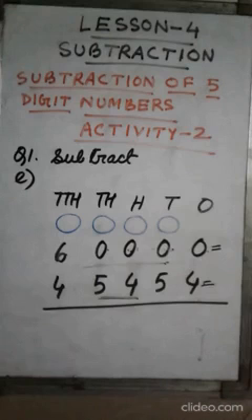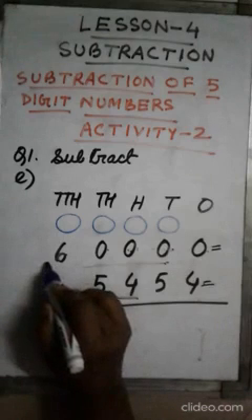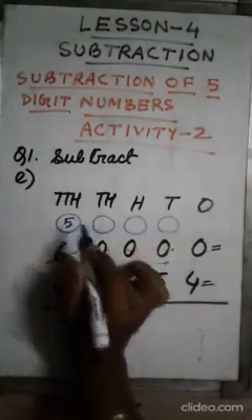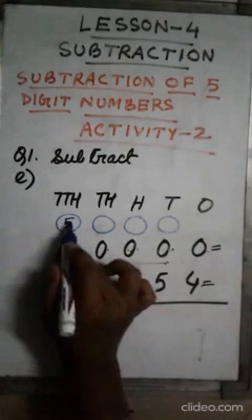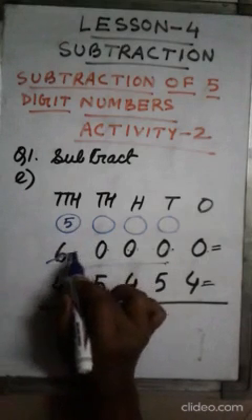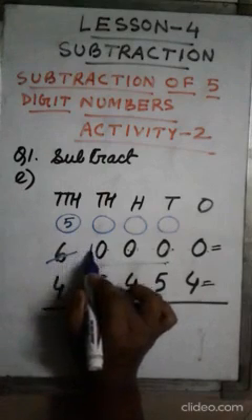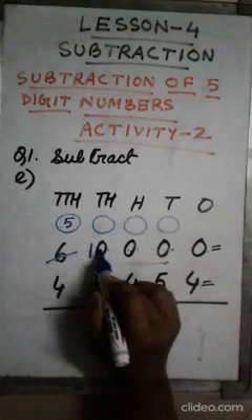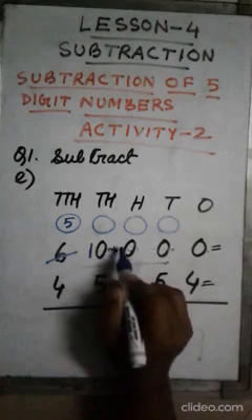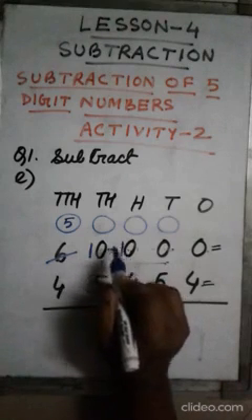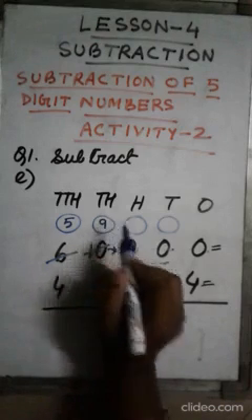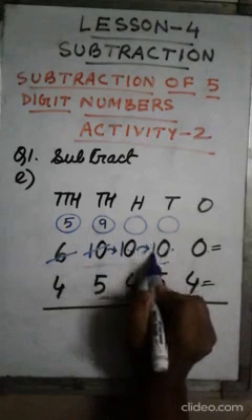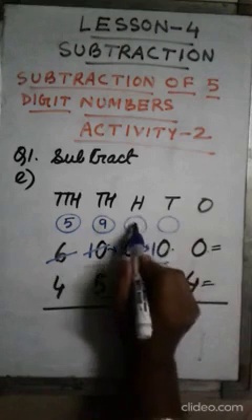1 from 6. If I borrow 1 from 6, it will be 5. As I have taken 1 from 6, 6 will become 5. As I have taken 1, it becomes 10. From this 10, I shall take 1, it becomes 9. Again from this I shall take 1, it becomes 10 and it becomes 9.